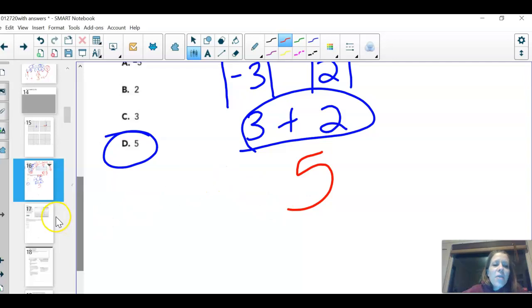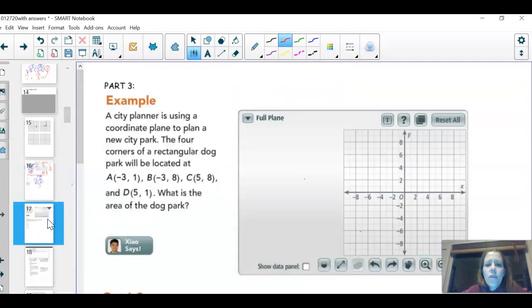All right. Now we're going to try one more thing with this. So we started off by graphing. Then we looked at finding the distance without a graph. Now we're going to use it to look at finding the shape of things and how much you would need to buy.